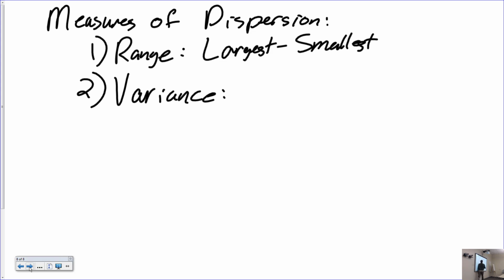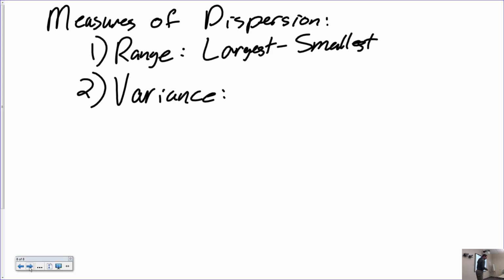Please note that the book does not explain what variance is. I am going to use variance because it is the natural step that leads to standard deviation. So bear with me a little bit. I am giving you something here that the book does not present. But it is actually a good stepping point to getting to standard deviation, so I like to use it first.